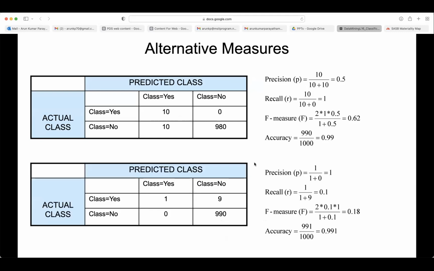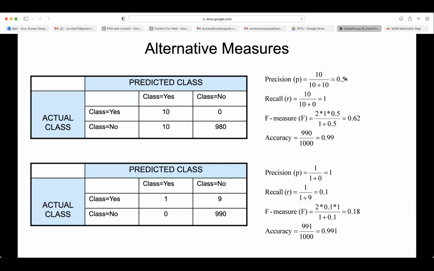Okay, another example is given here. Accuracy is 10 plus 980, the diagonal from left to right, that is 990 by total 1000, so 0.99 accuracy. Then what is precision here? 10 by 20. How many are correctly predicted yes out of total predicted yes?